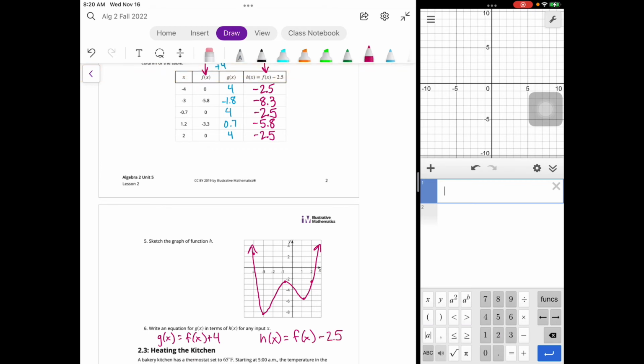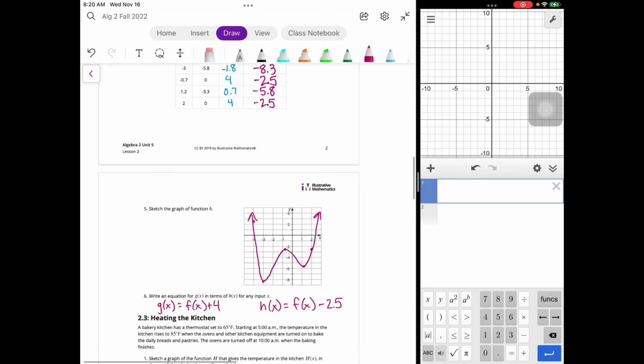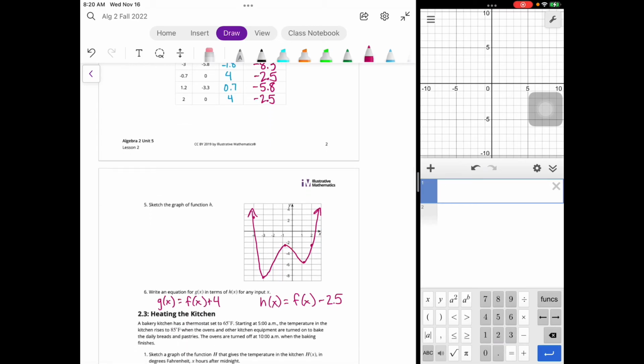All right, so if we want to write g of x in terms of h of x, what we can do is we can get f of x by itself over here, and then plug in our f of x for in the g function.